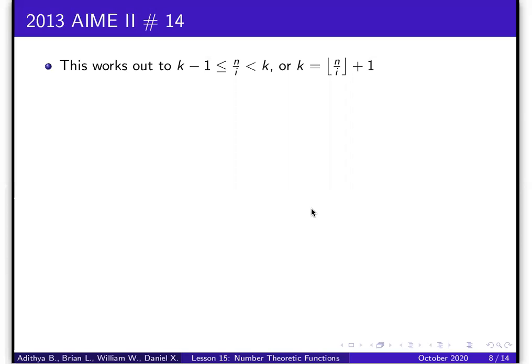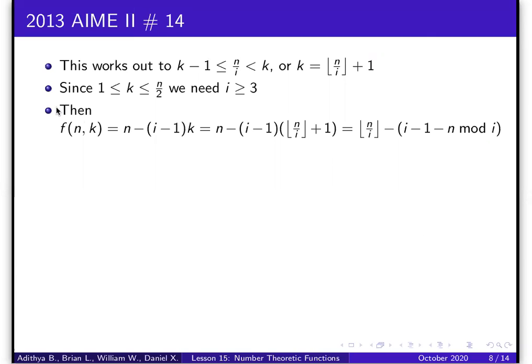So basically, we now just have to think about which i we want. First we remember the bound on k: k is at most n over 2, so i is at least 3. And now we do some computations of what f of n, k equals.